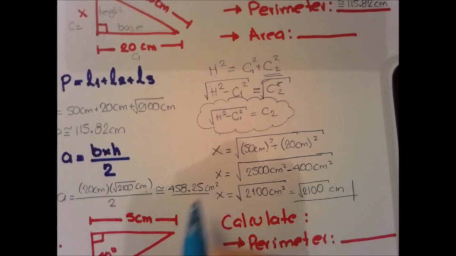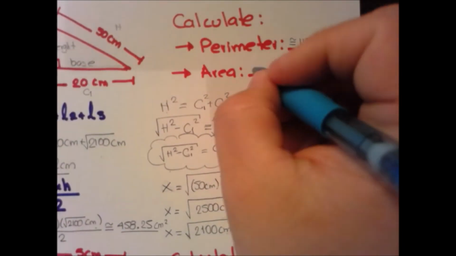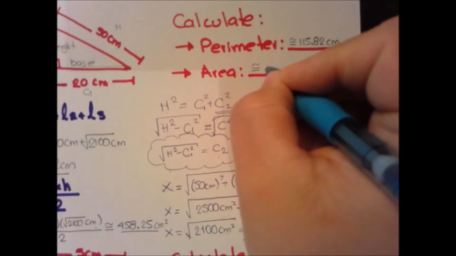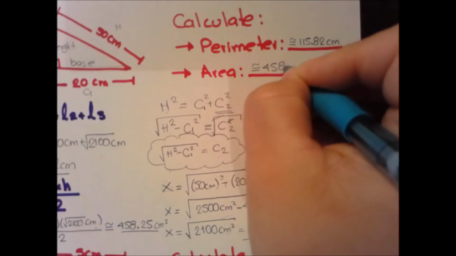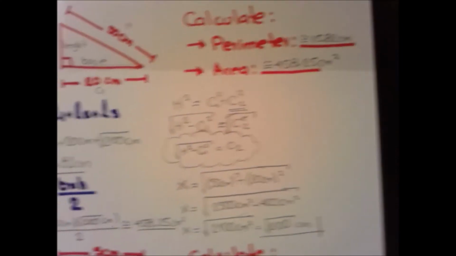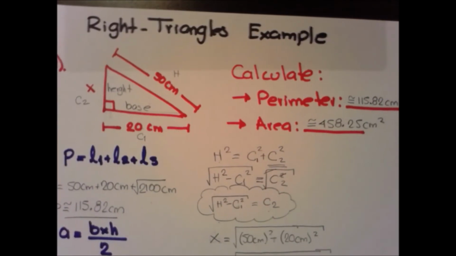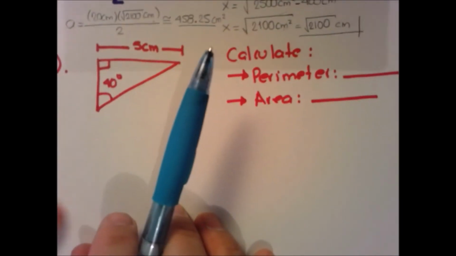Okay, and this is going to be the area. Here I'm going to write it, and it's going to be approximately equal to 458.25 square centimeters, and it was the first example of right triangles. Now let's continue with the second example.